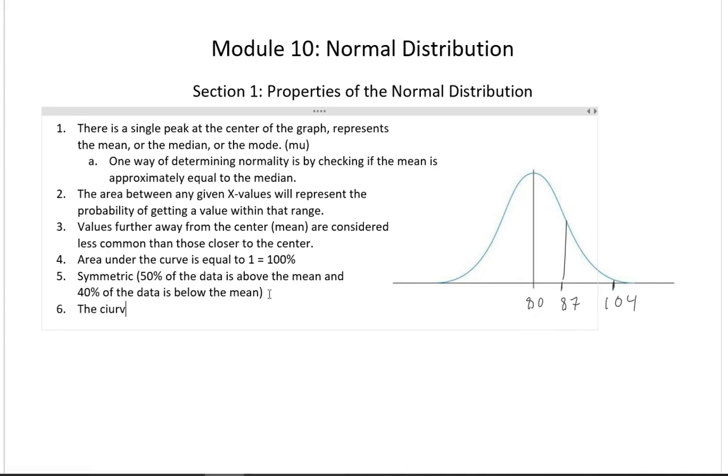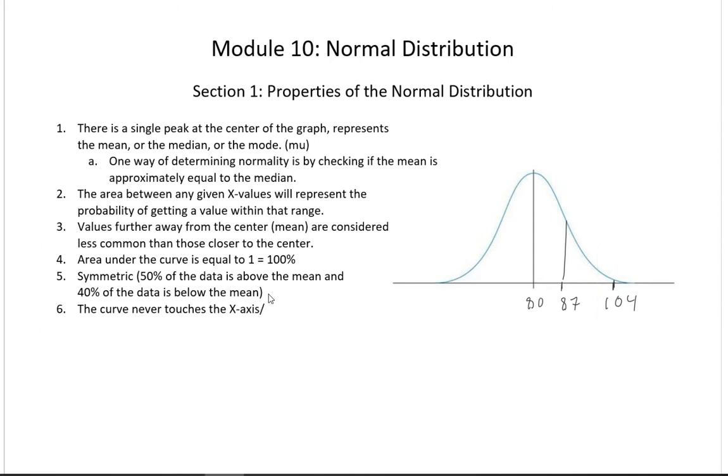The curve never touches the x-axis. And what that means is we consider that the graph, as you continue further and further and further up and up, this curve never actually touches the x-axis. That way, there's always some area above it, or some area way up here.